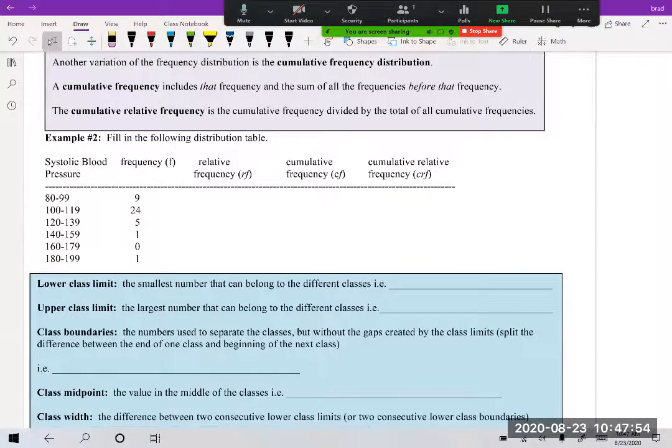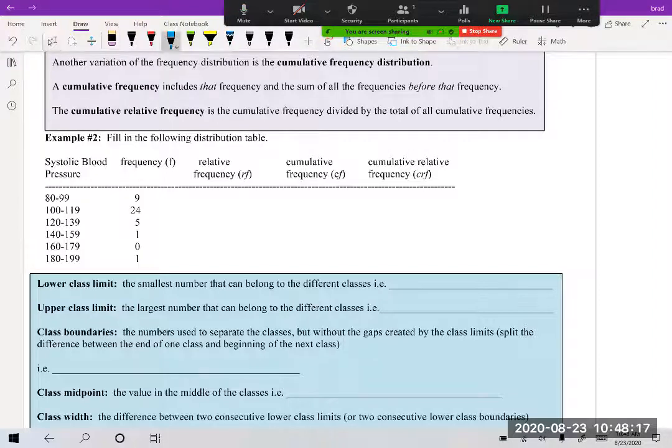So another variation of frequency distribution is cumulative frequency distribution. A cumulative frequency includes that frequency and the sum of all the frequencies that came before it. A cumulative relative frequency is a cumulative frequency divided by the total. So these are very similar, except cumulative adds up all the values before that particular category.